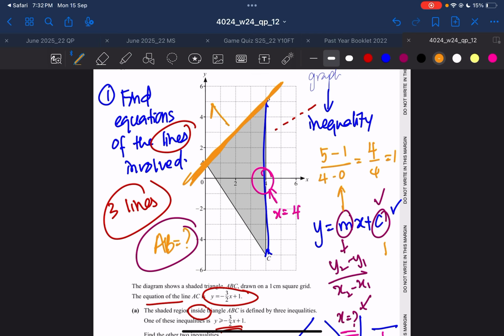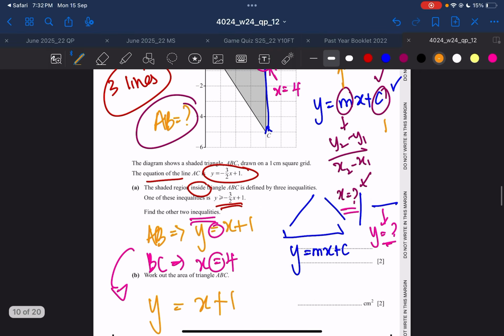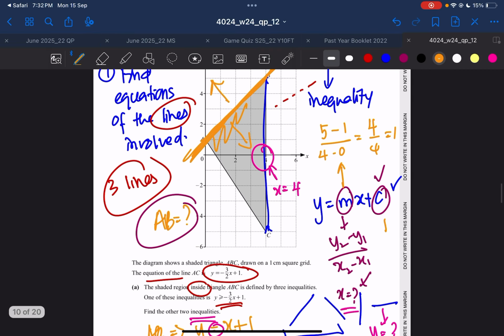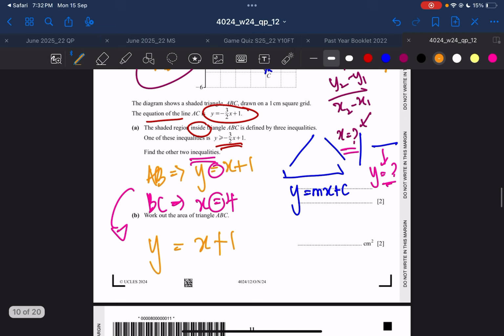Just focus on the yellow line. More than is above the pagar, less than is below the pagar. So we want the shading below the pagar, which means it's less than. So wherever our y is, the inequality follows through. y is less than. Just check it quickly. Okay, so that will be our first inequality.